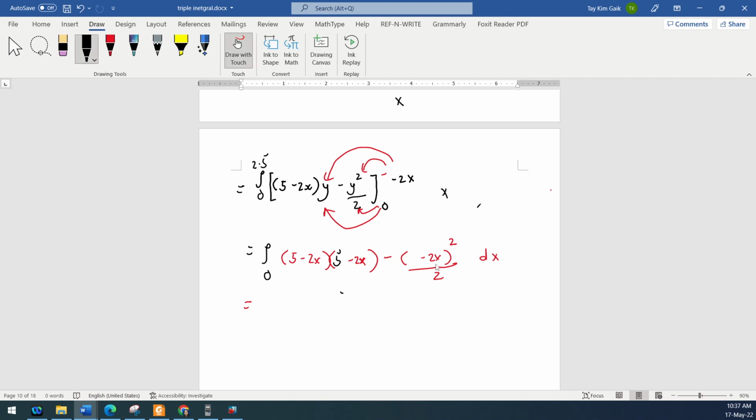Okay, you can simplify here like question 2a just now. So you integrate from 0 to 2.5. So 5 minus 2x, this is squared, minus 5 minus 2x squared divided by 2 dx.